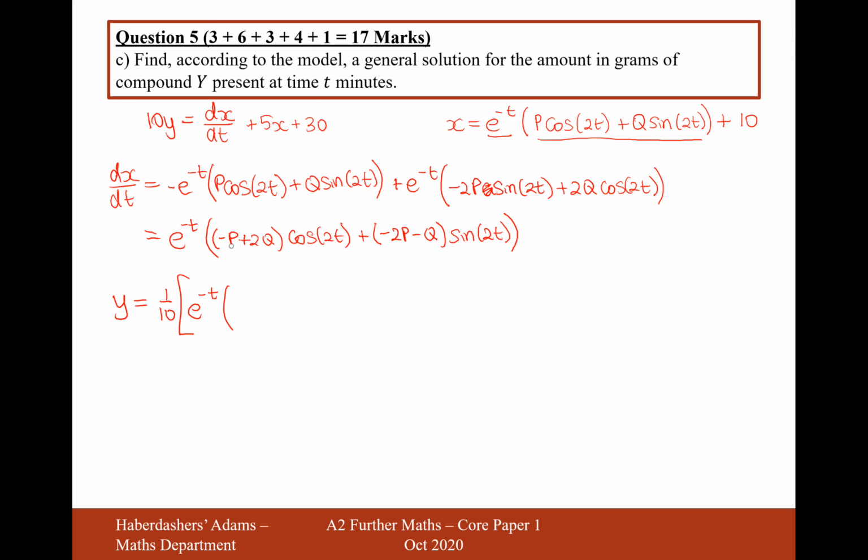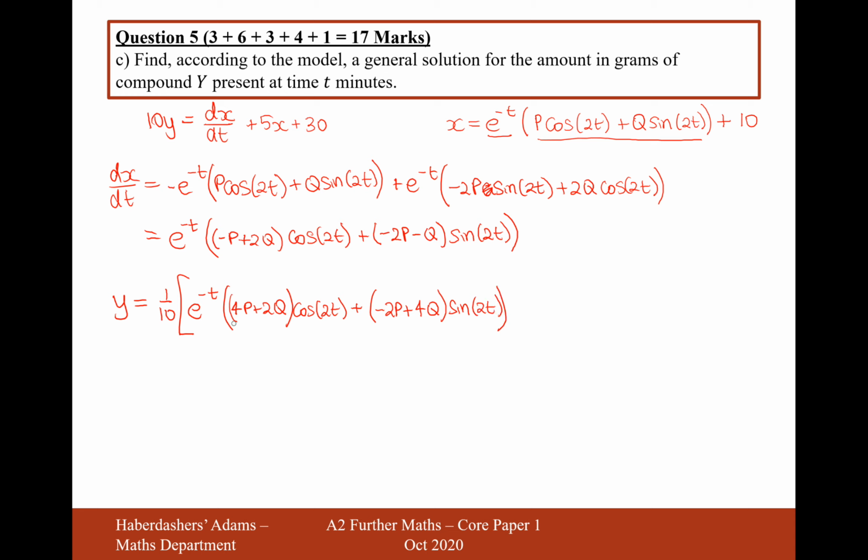It's 1 lot of this, add 5 lots of this, so that'll be minus p, add 5 lots of p, that makes 4p, and then add the 2q. That's going to be the coefficient of cos 2t. And then the coefficient of sine 2t will be 5 lots of q, add this expression here, so that's minus 2p, add 4q. And that's going to be the coefficient of sine 2t.